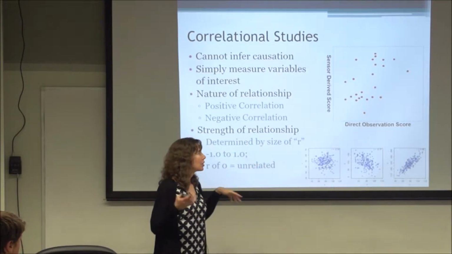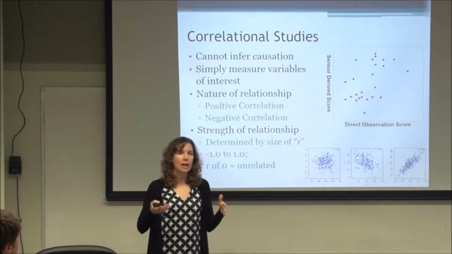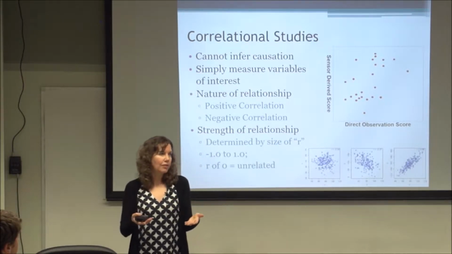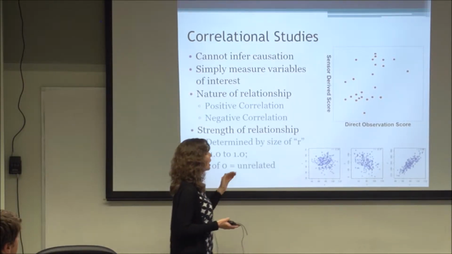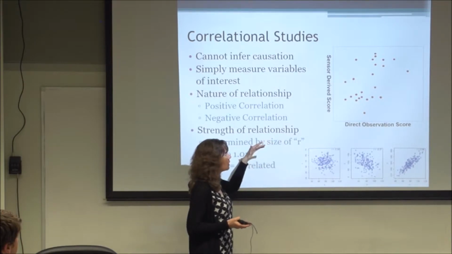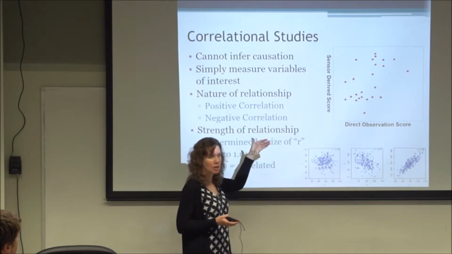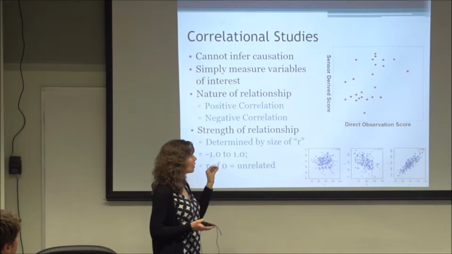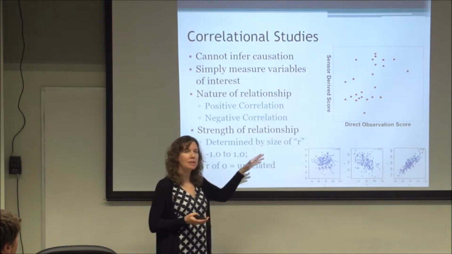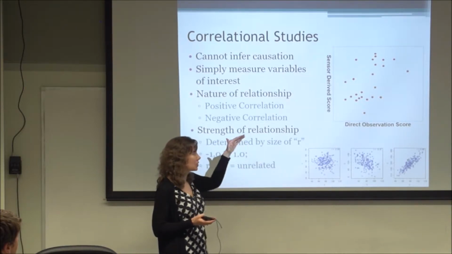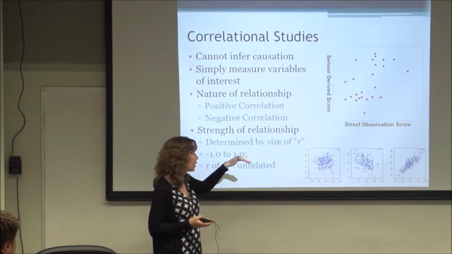So basically, could we use sensors in a home to actually tell us about people's everyday functioning? And we were able to find a correlation of about 0.60 or so, which suggested that we were seeing some relationship between the sensor data and the direct observation score.